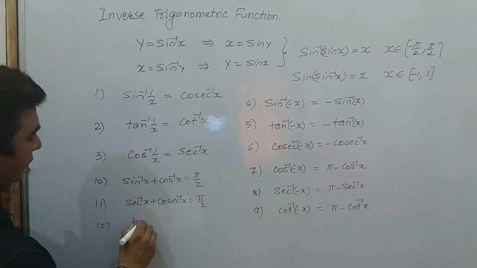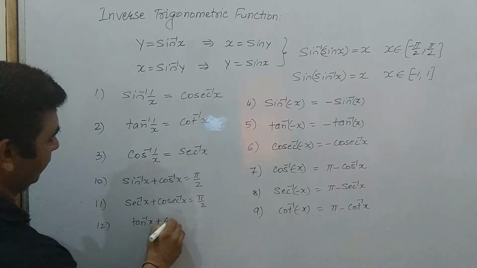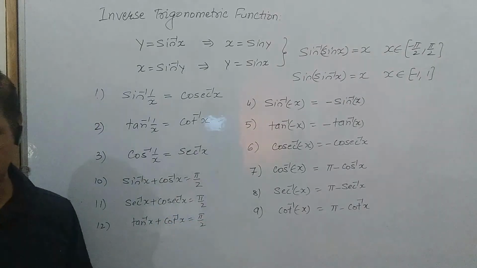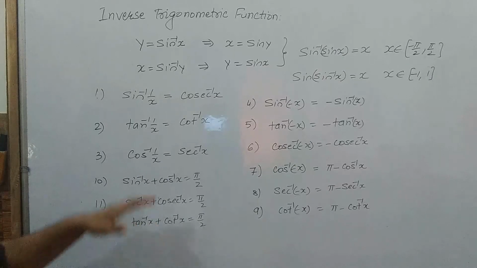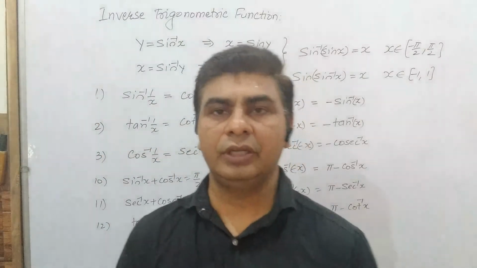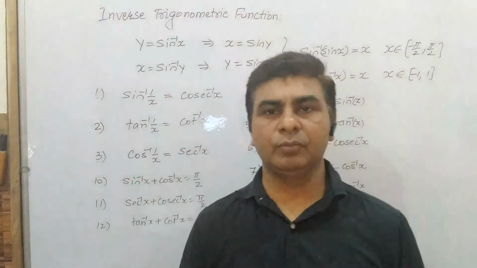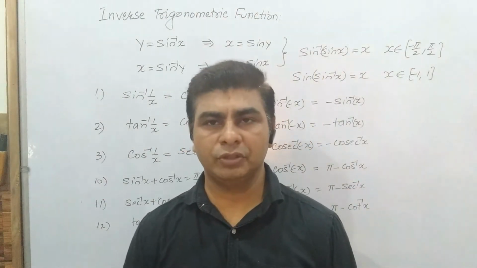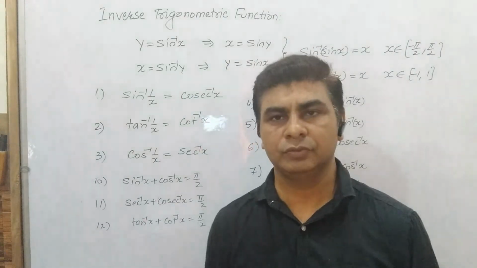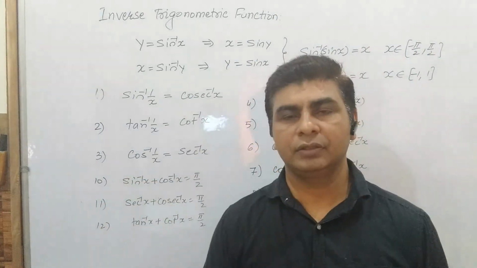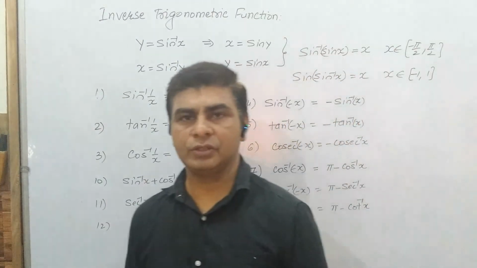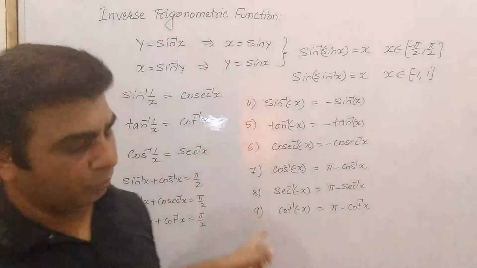Tan inverse x plus cot inverse x is again pi by 2. So these are the properties which we will use in the whole chapter, and some more formulas are also there which we need in exercise 2.2. So till now we can complete our exercise 2.1 on the basis of all these properties.